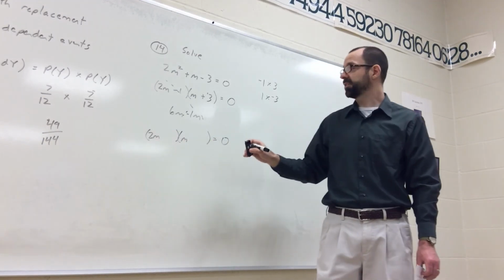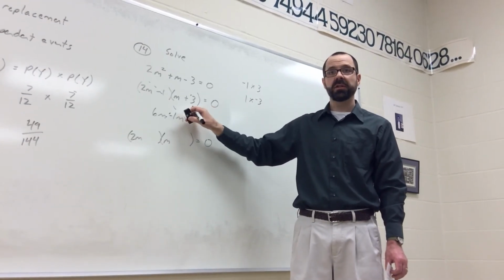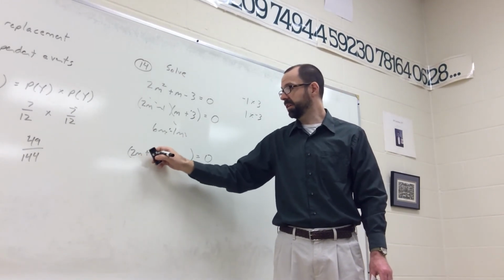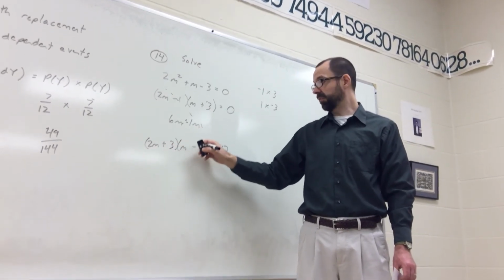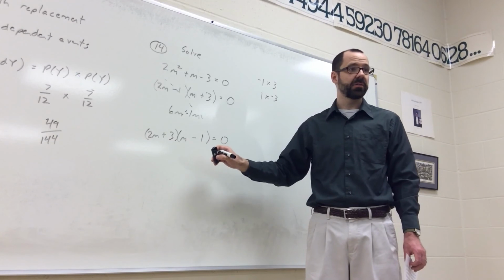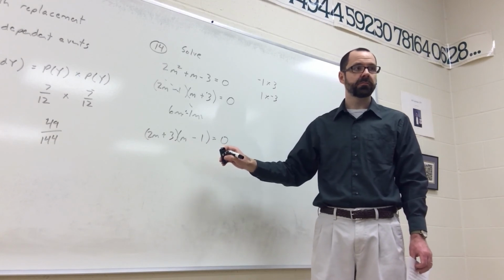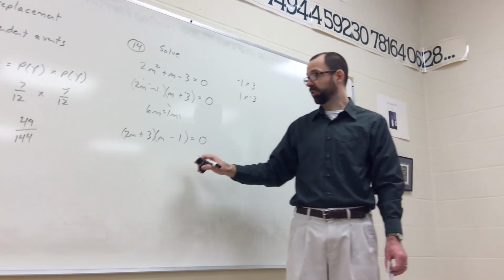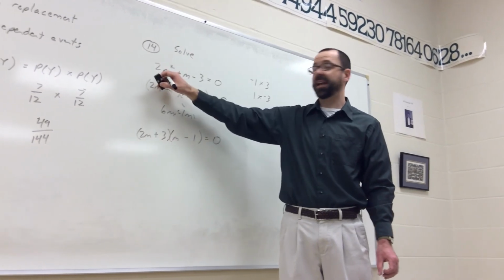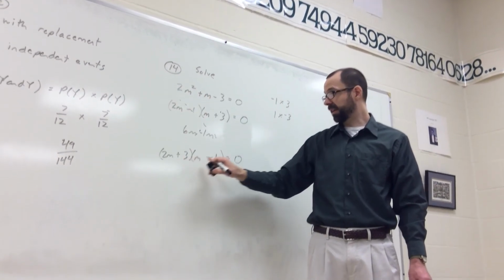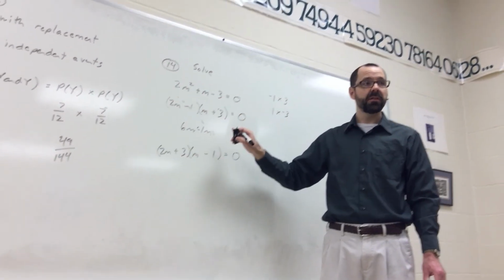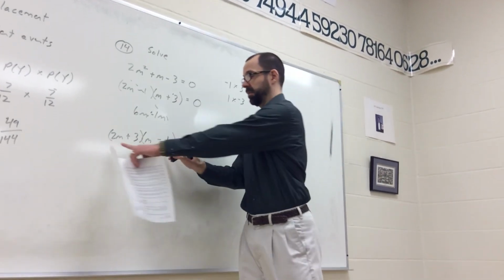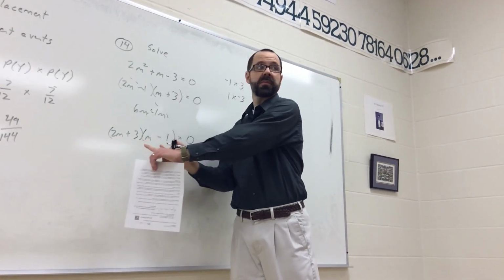So maybe I just put the 3 in the wrong place. Maybe I should have had the 3 here and the -1 there instead. It's still working out that that times that is that, and it's still working out that that times that is that. I just have to check this and this.